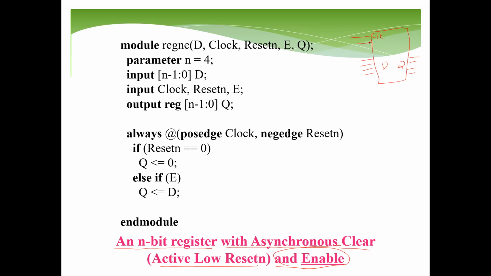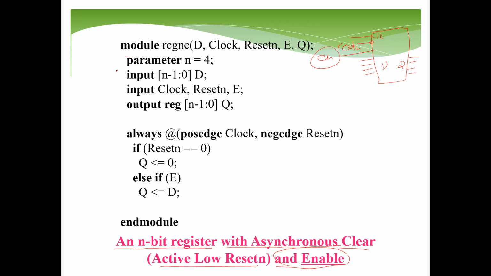I have an active low reset, we'll call it reset N, and I have an extra input called enable. So the point of enable: if enable equals 0, ignore all these signals. Ignore the clock, ignore reset, ignore D, and don't change Q. If enable equals 1, just behave normally.